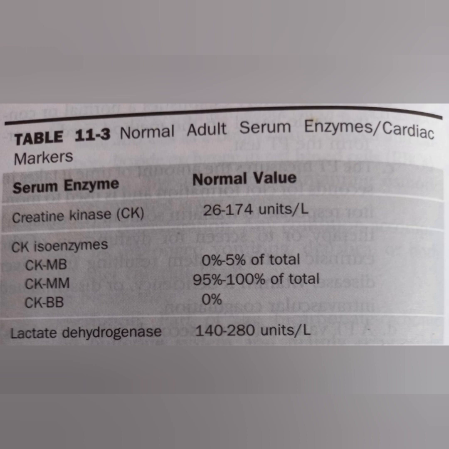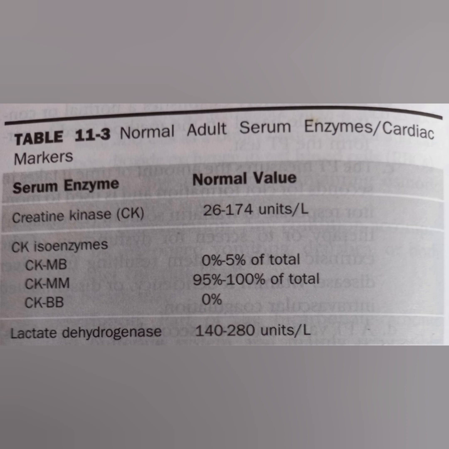The creatinine kinase isoenzymes include CKMB, CKMM, and CKBB. What are CKMB, CKMM and CKBB? The isoenzyme CKMB is mainly found in cardiac muscles, CKMM is mainly found in skeletal muscles, and CKBB is mainly found in the brain.